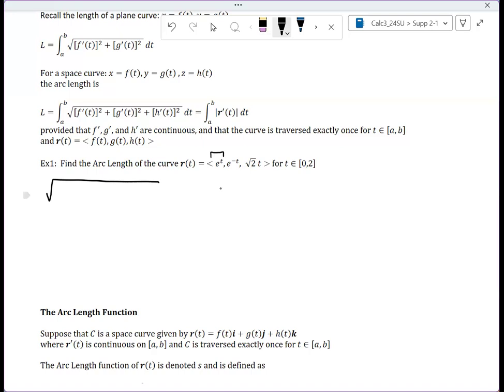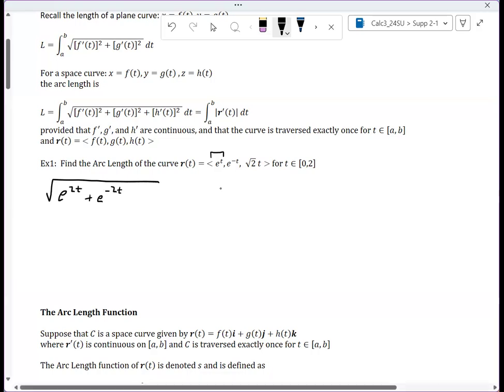That's e to the 2t. My second component, e to the negative t, its derivative is negative e to the negative t. Squared is positive e to the negative 2t. And then my third component, square root of 2 times t, its derivative is square root of 2. I square that, and it gives me 2. So that's what I have under my square root.